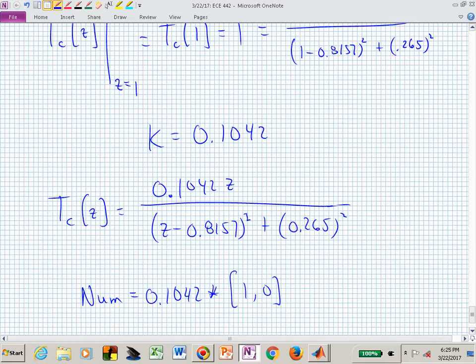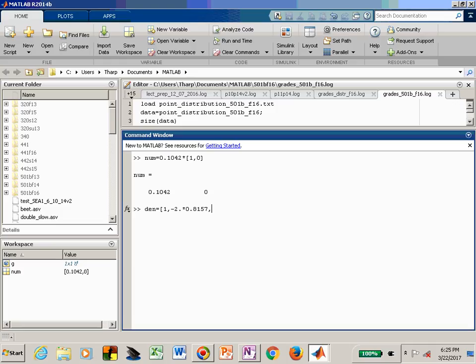I'm just going to have MATLAB do that for me. So here I have 0.8157, and I'll just be really rough, 0.8157 plus 0.265 times 0.265. Is that okay? There's my denominator.